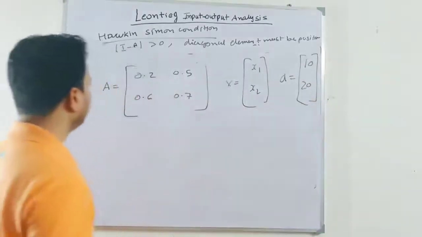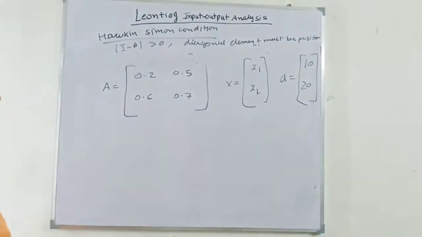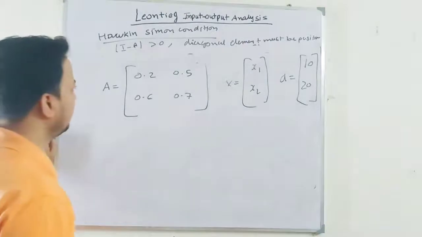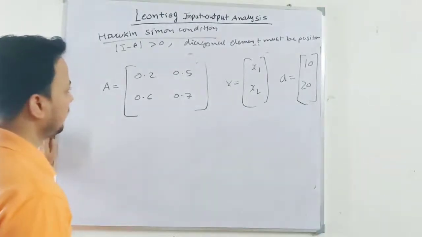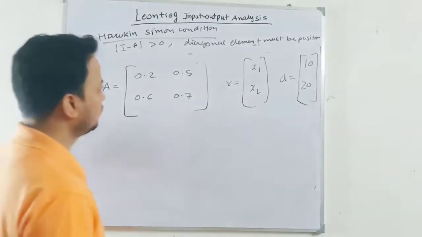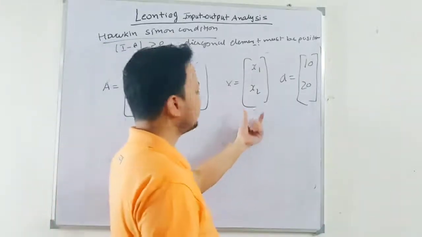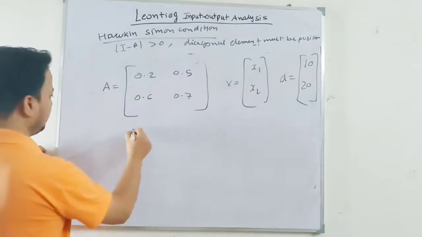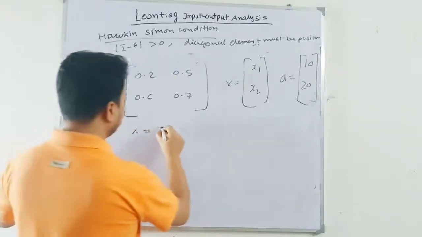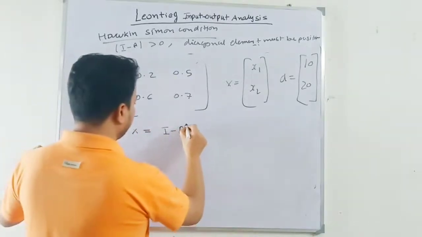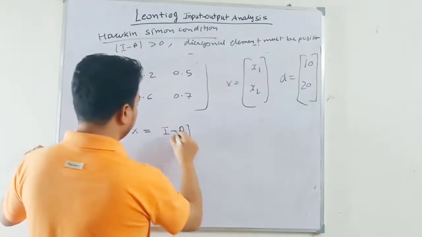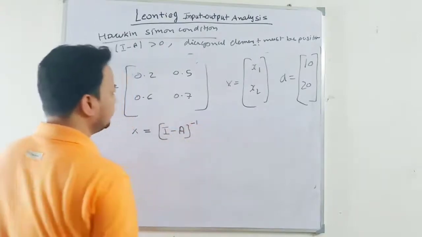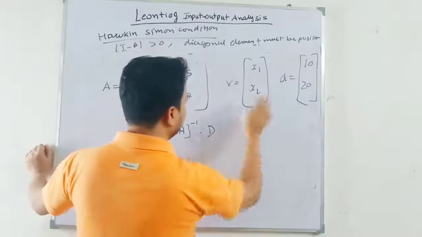Okay. Now, from this, you can find the value of x1, x2. How? Because your X is (I minus A) inverse into D, this is capital D.